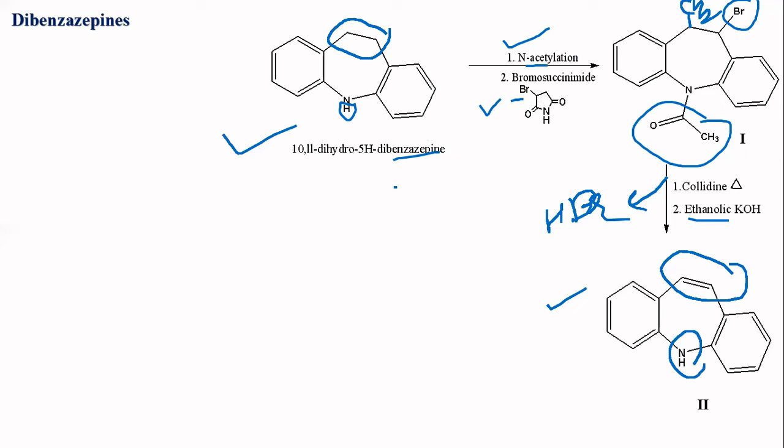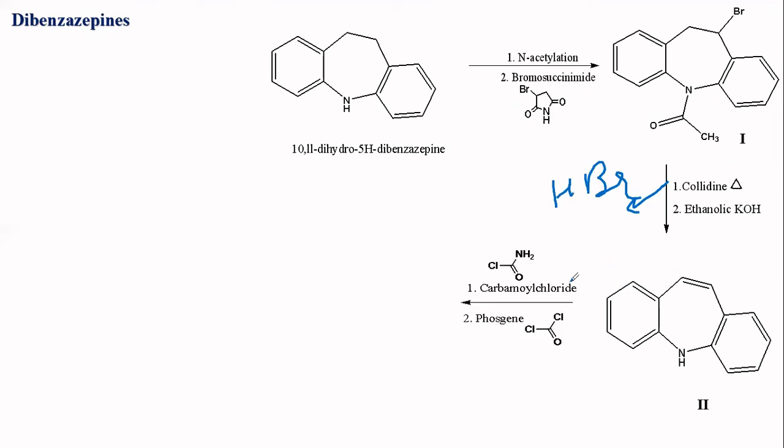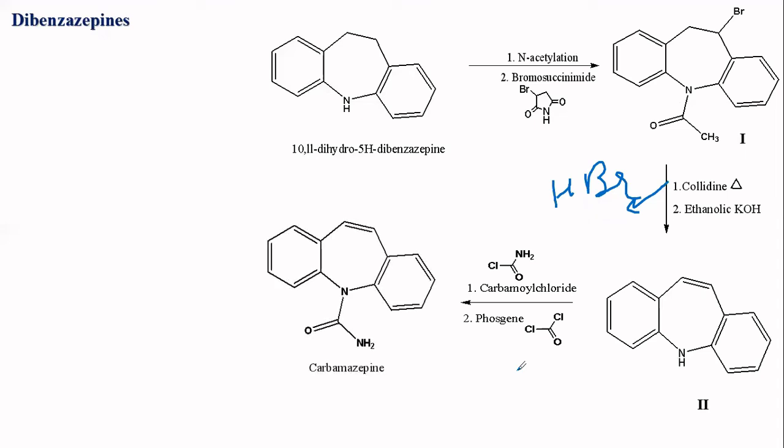What is the purpose of bromosuccinimide addition? Simply the addition of the bromine moiety. And then, using ethanolic KOH with the elimination of HBr, there is the introduction of a double bond in the central ring. Now this structure 2 is again treated with carbamoyl chloride and then phosgene. Carbamoyl chloride, in the sense, is a simple amide functional group, and phosgene consists of the ketonic, or we can say dichloroketonic, group.